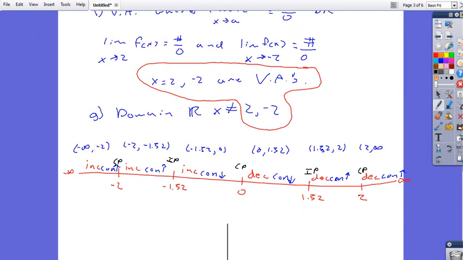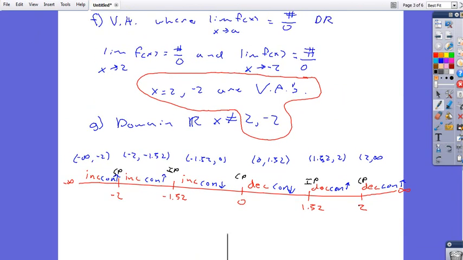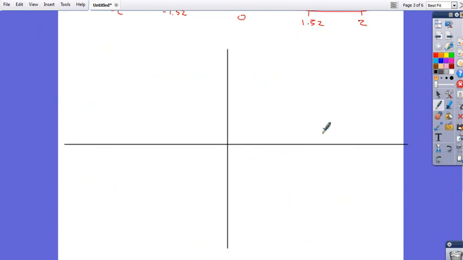So let's go ahead and just go down the list. Let's start with the vertical asymptotes, negative 2 and 2. Ooh, can't draw straight lines very well. Alright, let's redo that.